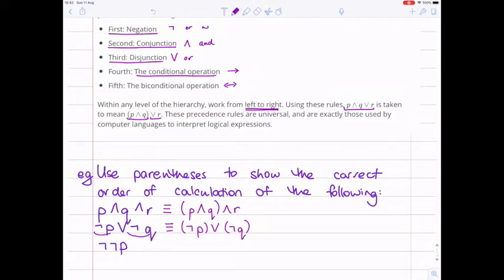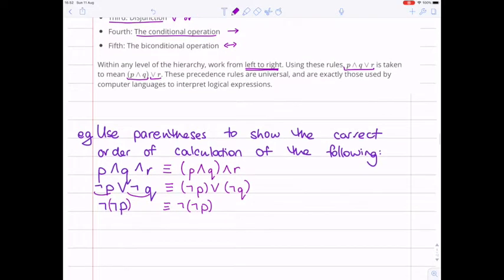And if we look at this next one, now we have not not P. Well, deal with negation first. So we're going to negate P first, and now we work left to right. So we have not not P. And as you would imagine, this will come out as just P if you were to check the truth table.